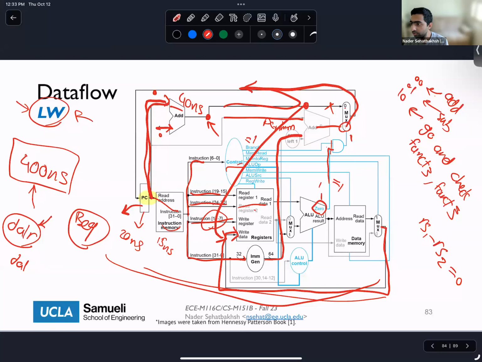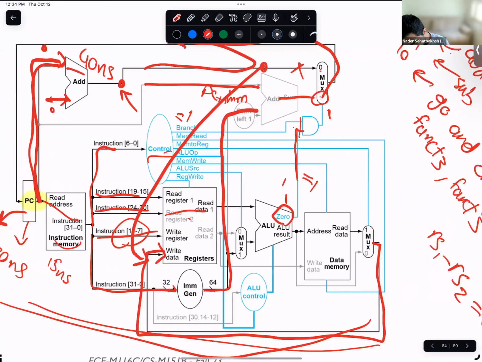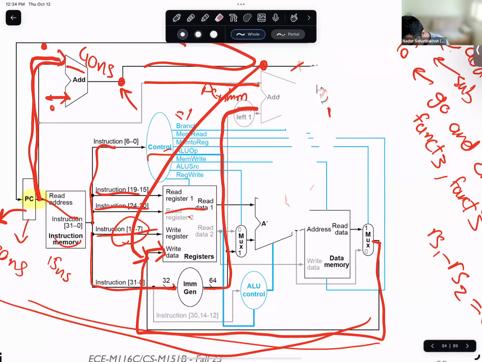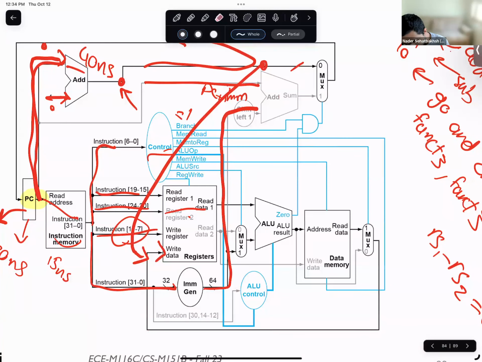Somebody asked, how do you ensure that non-valid values don't get operated upon? It seems possible that the control signals would be ready before the operands. For example, maybe memory read is up before the correct address is computed. Wouldn't the memory then read from a garbage address? It will, and that's a great question. Think about these as all combinational things, okay?